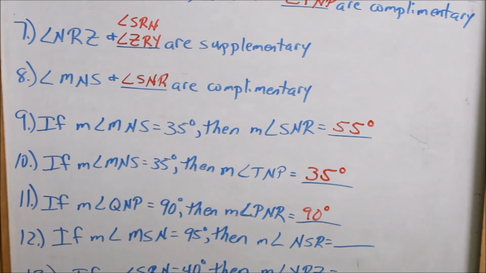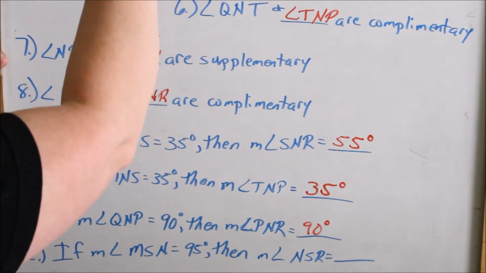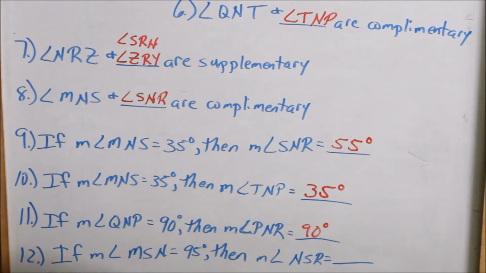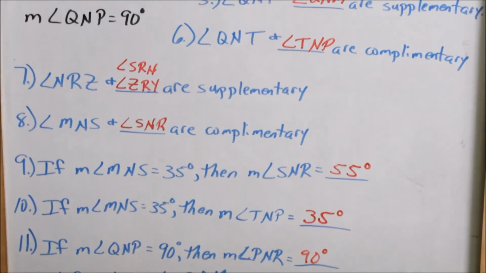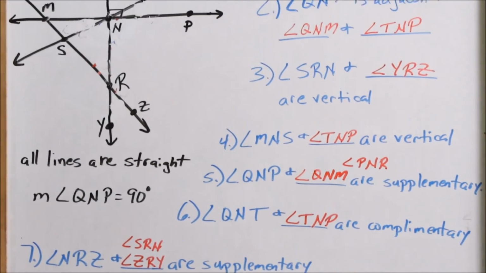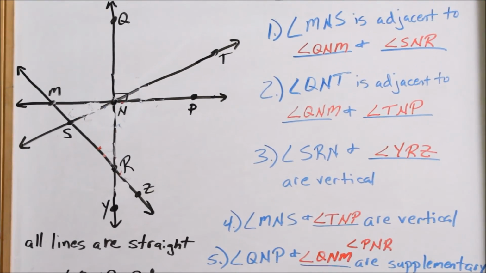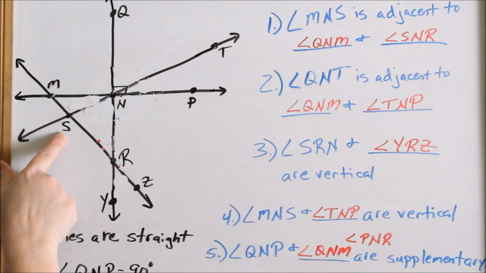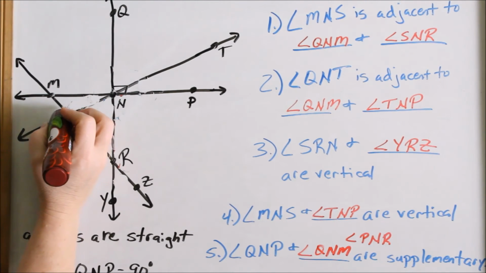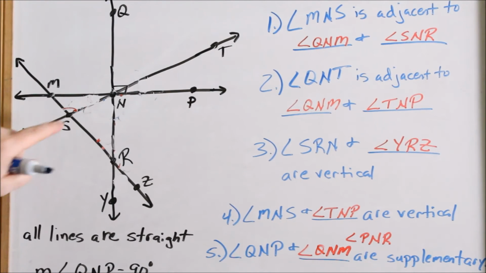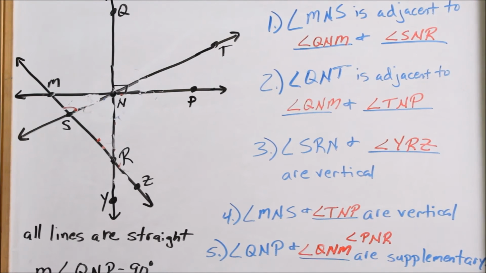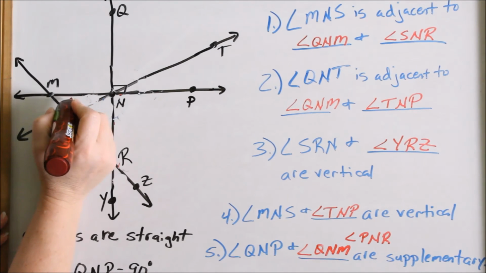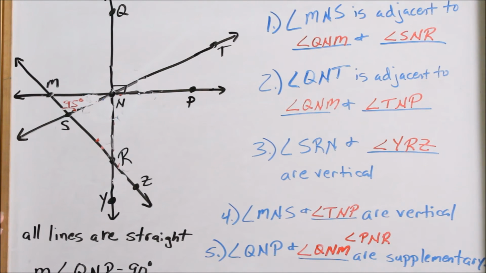Alright, looking at number 12, if the measure of angle MSN is 95 degrees, then what is the measure of angle NSR? Okay, going back to the figure, MSN. Okay, be careful here. Remember, the middle letter is your vertex. So we are looking at this angle right there. If that were to be 95 degrees, then what is the measure of NSR?